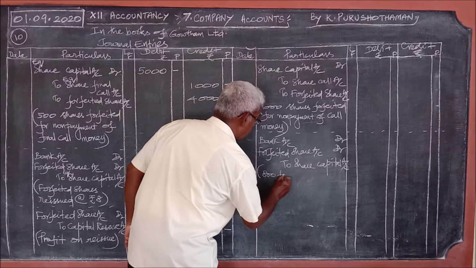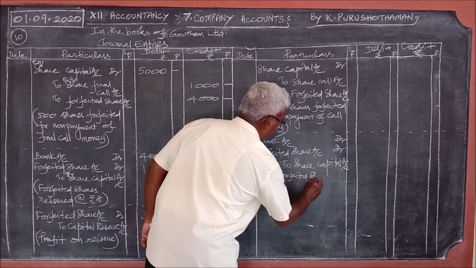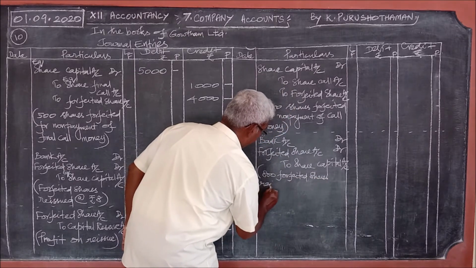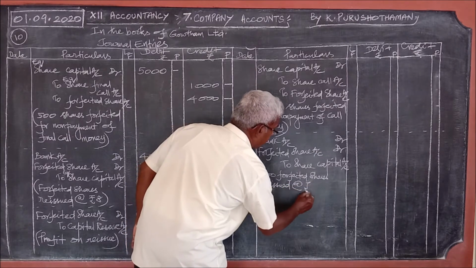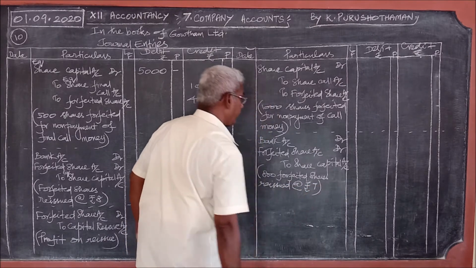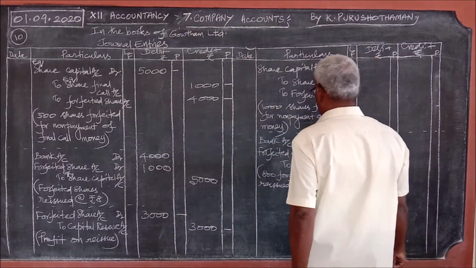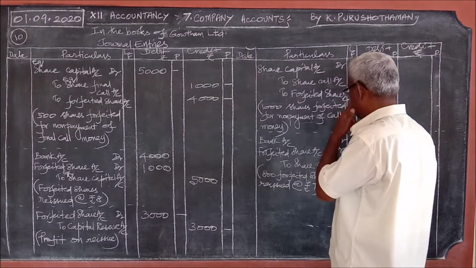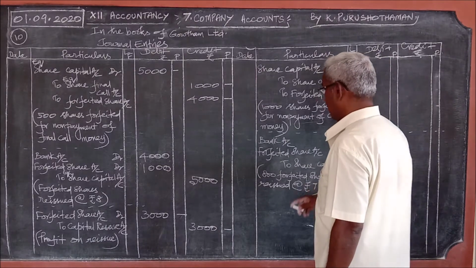Narration: 800 forfeited shares reissued at the rate of ₹7. This is the next journal entry.